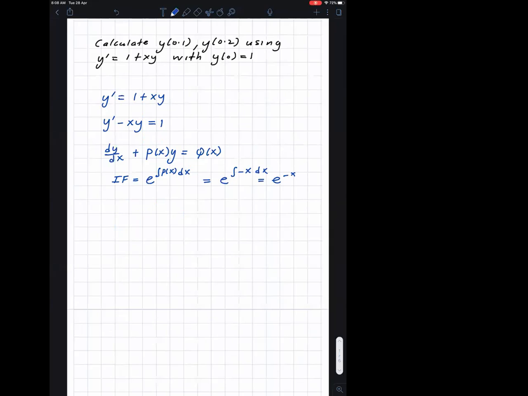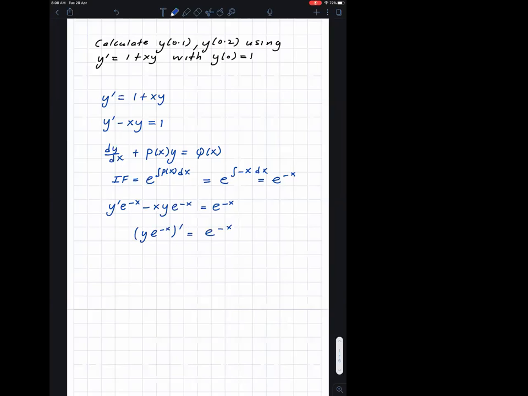Then we use the integration factor to multiply through the differential equation: y prime e to the minus x minus xy e to the minus x equals e to the minus x. This is equivalent to (y e to the minus x) prime equals e to the minus x.